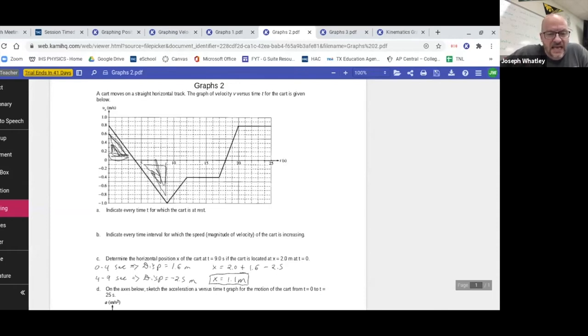Now it says indicate every time interval for which the speed, the magnitude of velocity, of the cart is increasing. So when are we increasing our velocity? 9 to 12 seconds and 17 to 20 seconds. All right, any other volunteers?